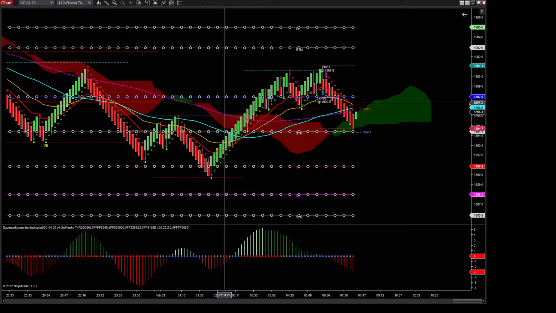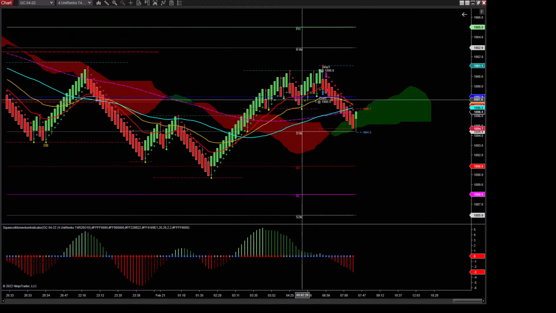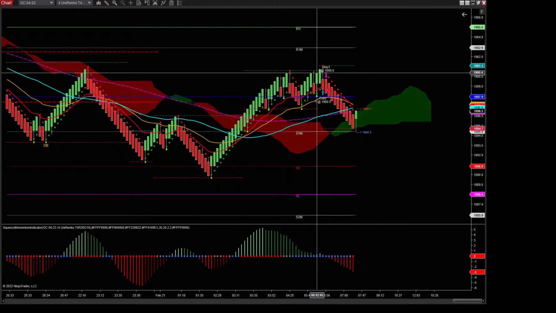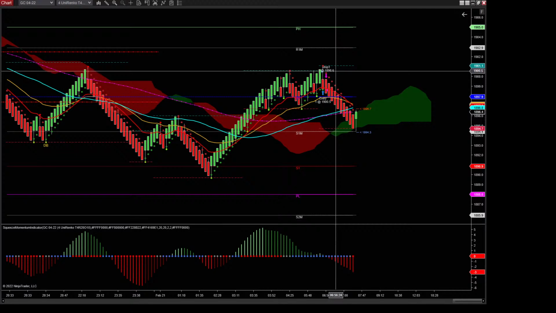This blue line is a pivot right there. It's a floor pivot. So I thought, okay, this is a good opportunity to get in, even though the higher time frame was not in confluence with this.